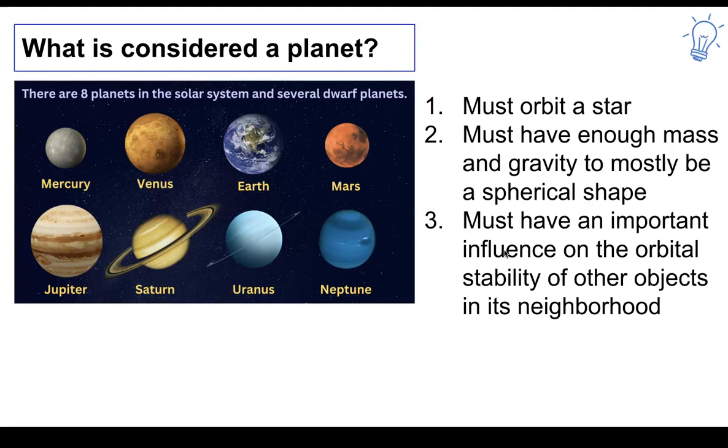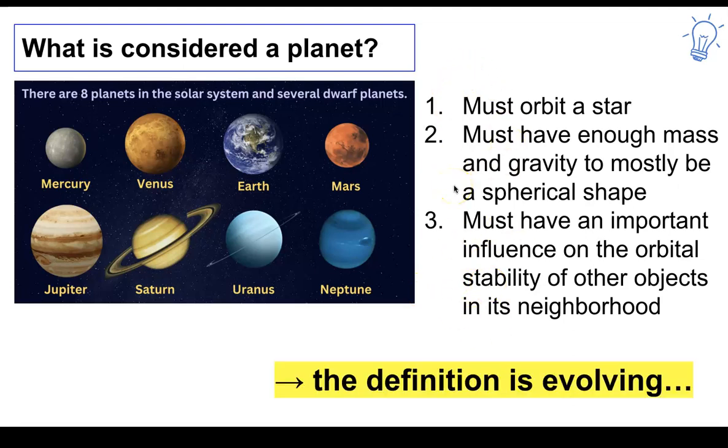There are other objects in the path of Pluto's orbit, including the planet Neptune. Sometimes Neptune is further away from us than Pluto is, which is a little bit weird. These are the conditions that astronomers really think about, but this definition has changed in my lifetime, and it might change over time as we learn more about planets and look at planets outside of our own solar system.